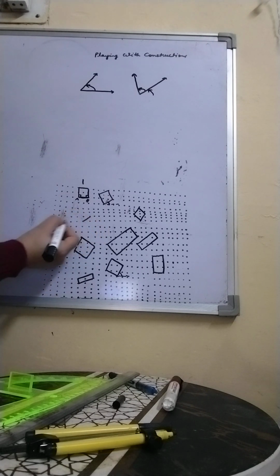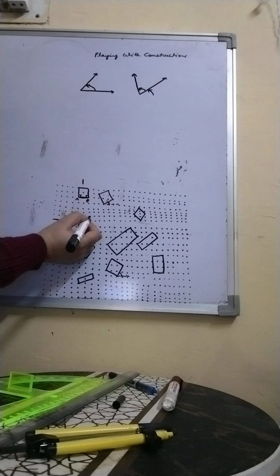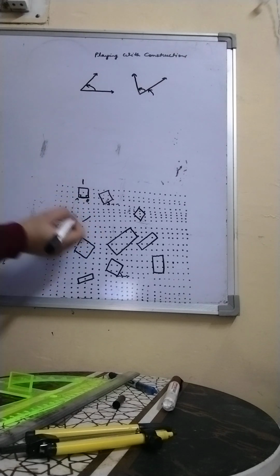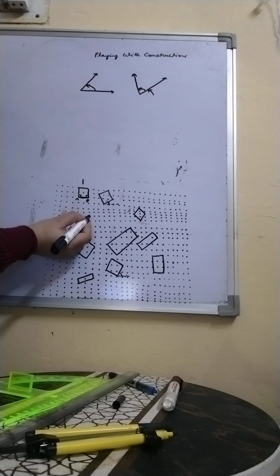Okay. So see the difference here. The dots are joined in a horizontal way, and here the dots are joined at a certain angle with the horizontal direction. So this is my first orientation, or rotated square.